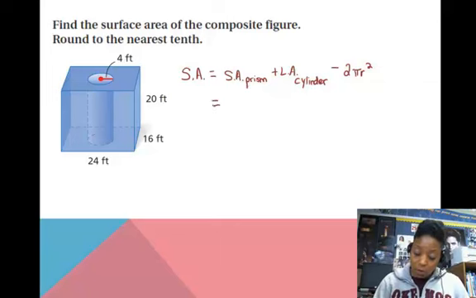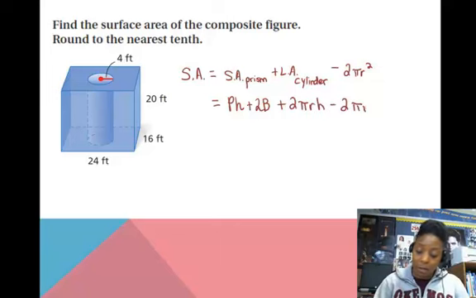Okay, so the surface area of the prism is going to be the lateral area, which is the perimeter, 24 plus 16 doubled. 24 plus 16 times 2. So again, it's the perimeter times the height. That's the lateral area of the prism, plus 2 times the area of the base, plus the lateral area of the cylinder, which is 2 pi rh, minus 2 pi r squared.